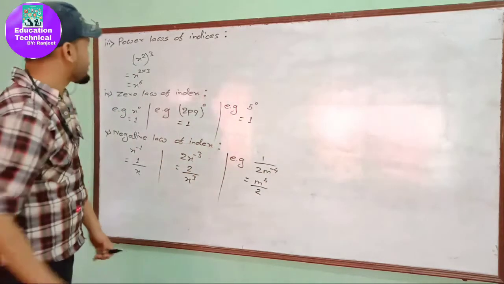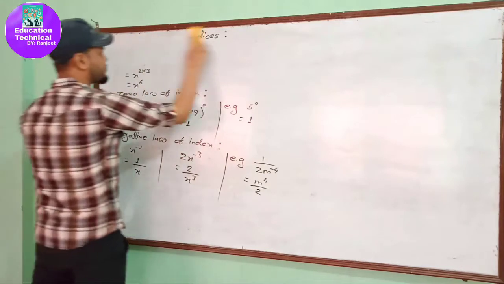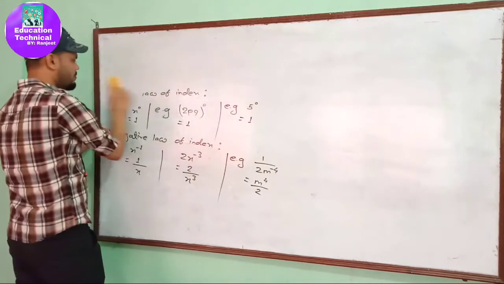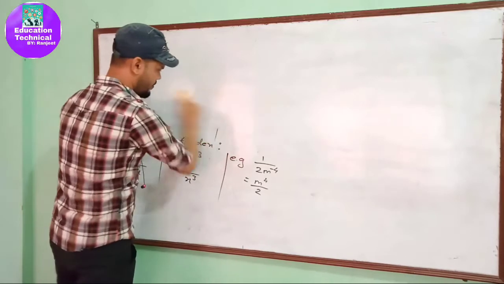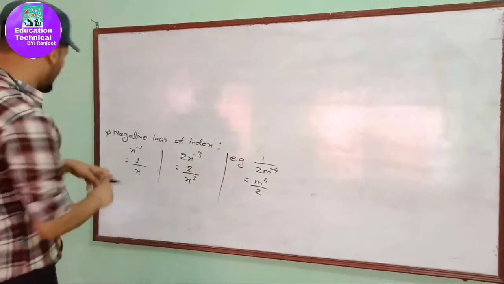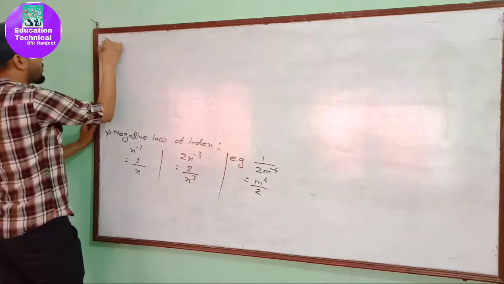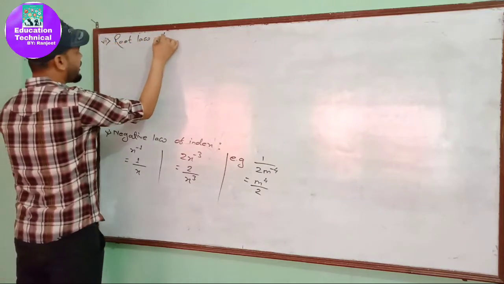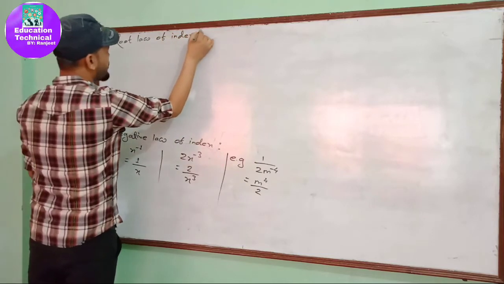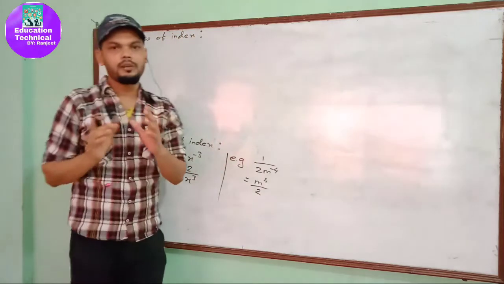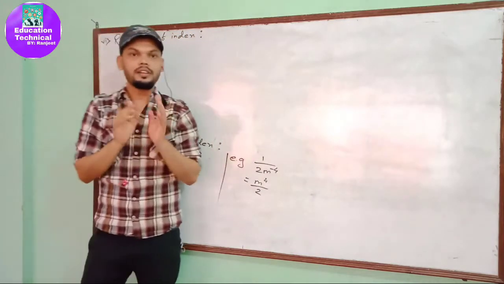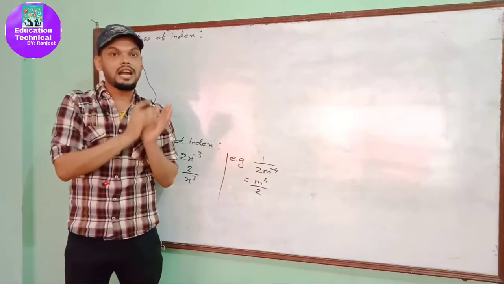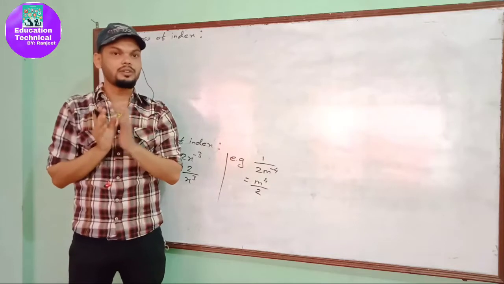Now the last one, the root law of index. Sometimes we find that some variables or algebraic terms are inside the root. In such a condition, how do we eliminate that root sign?